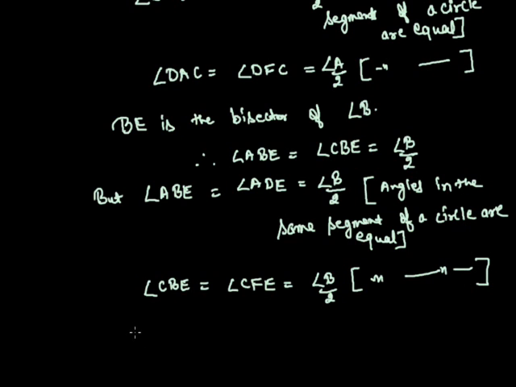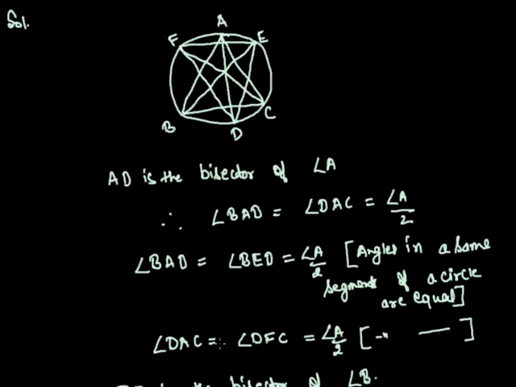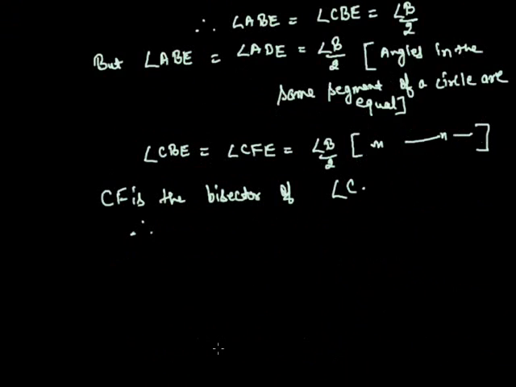Now CF is the bisector of angle C. Therefore, angle BCF is equal to angle ACF, which is equal to angle C by 2.